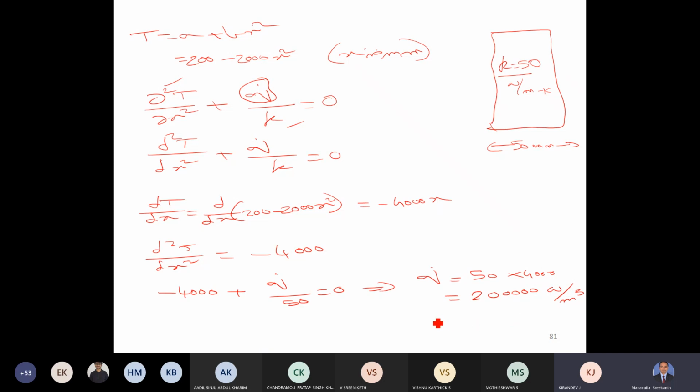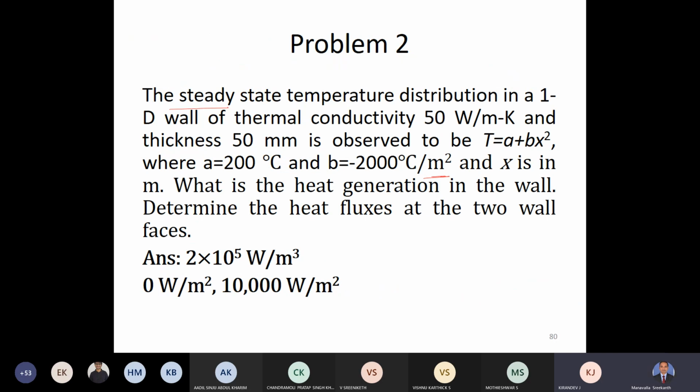This is simply written as 2 multiplied by 10 power 5 watt per cubic meter. So this is the rate of heat generation that is possible in this particular slab which has the given temperature profile. This is the first part of the problem. We could estimate the heat generation in the wall: it turns out to be 2 multiplied by 10 power 5 watt per meter cube.